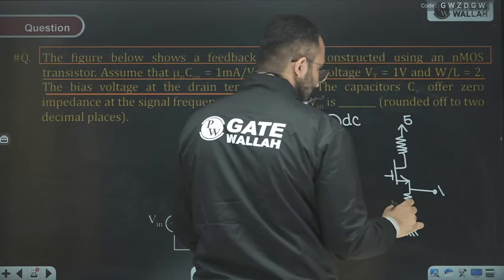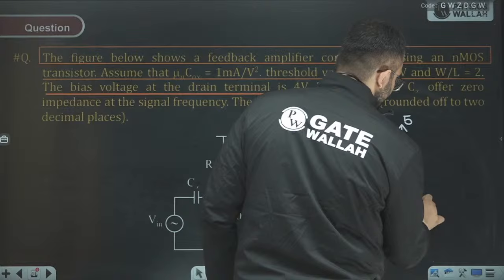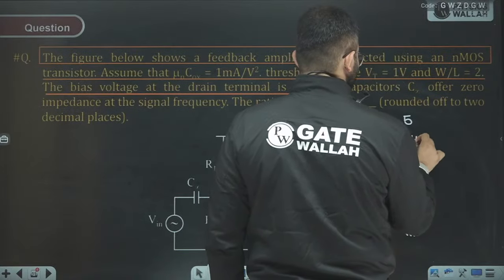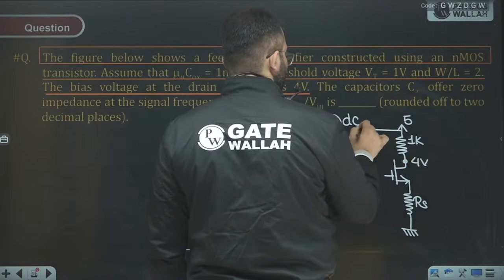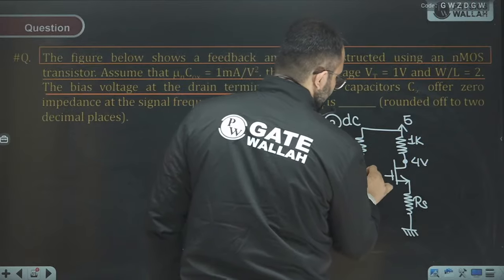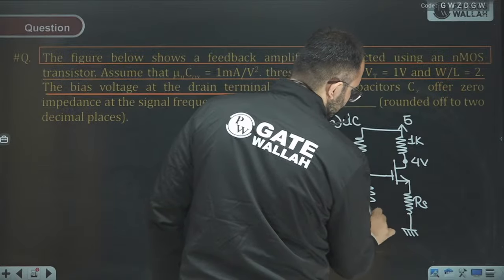Okay, so first of all, this is 1 kilo ohm. It is given that this is 4 volt. Here we have 200 and 300 kilo ohms.